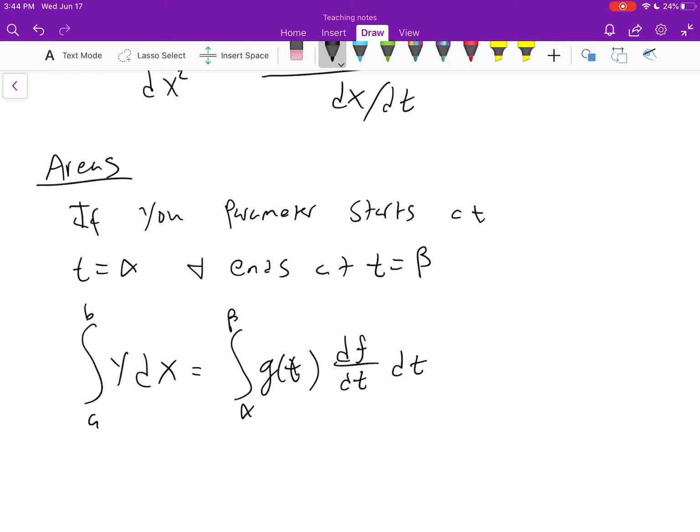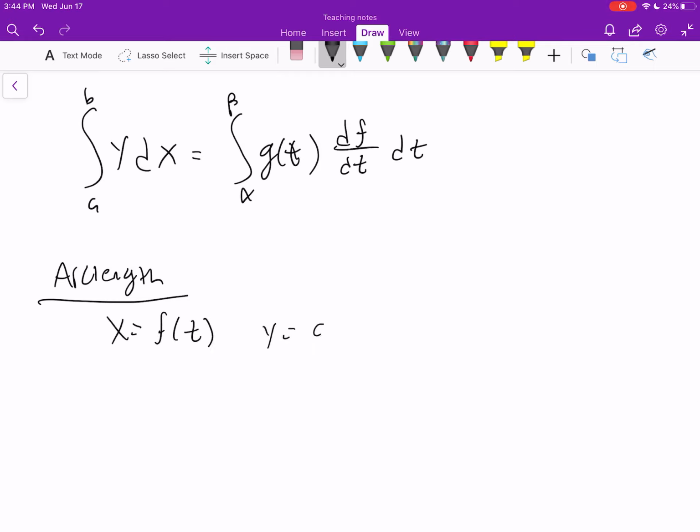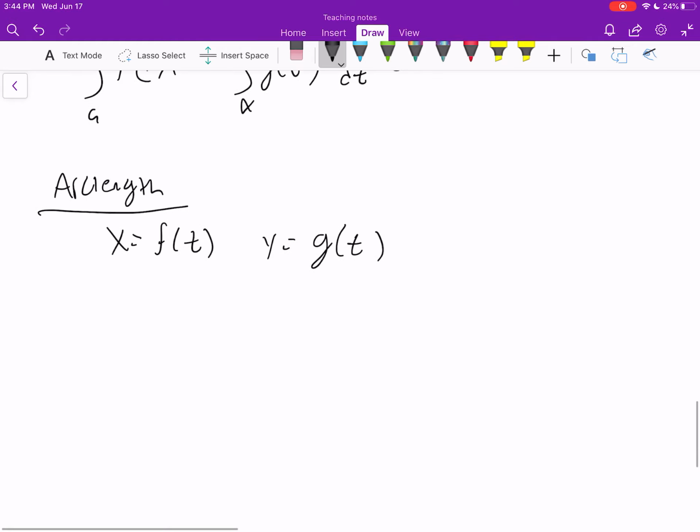And I think the last thing we did was arc length for parameterized curves. Again, we're assuming we have x is equal to f of t, y is equal to g of t, and our parameter starts at alpha and ends at beta.